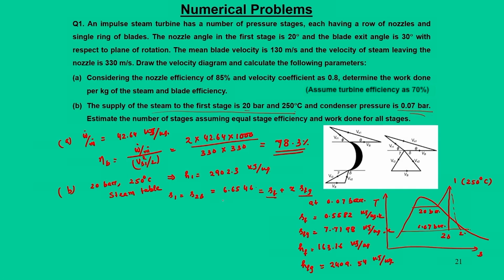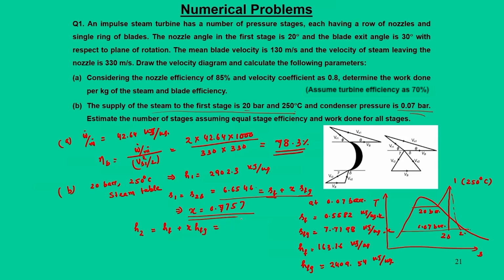So, we have these equations. So, from this we get x as 0.7757.